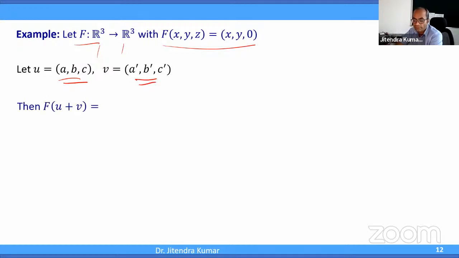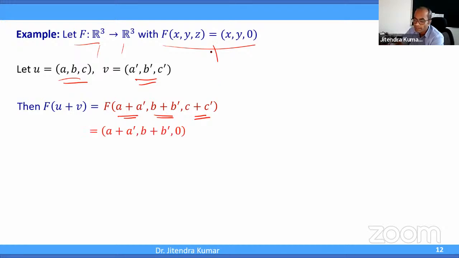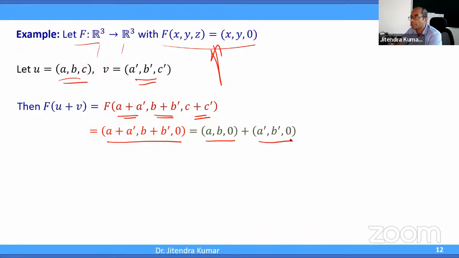If we apply f on u plus v, we get f(a plus a', b plus b', c plus c'), and applying this transformation we get the vector (a, b, 0) plus (a', b', 0), which is nothing but f(u) plus f(v).